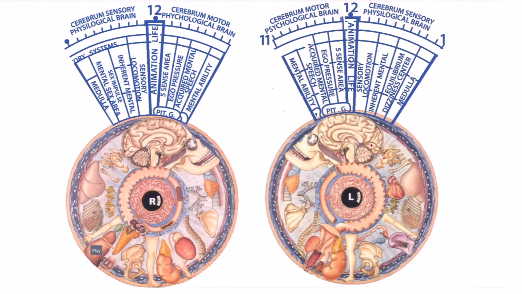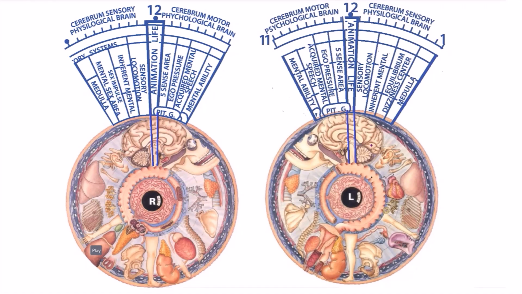And so I will be attempting to limit myself to a brief description of these brain zones, and more so describe their relationship or correspondence to the anatomy of the brain.